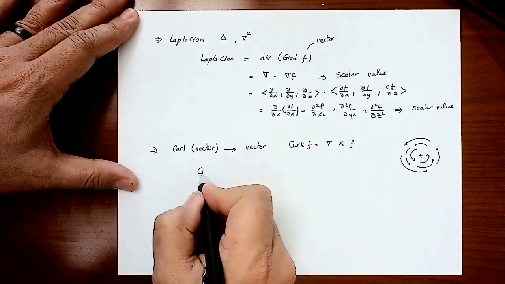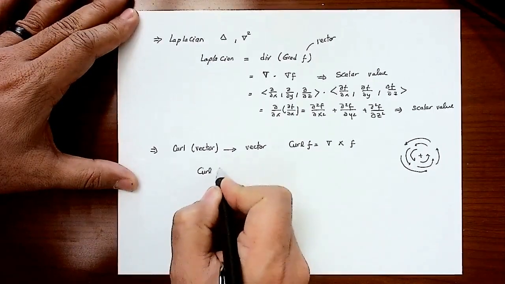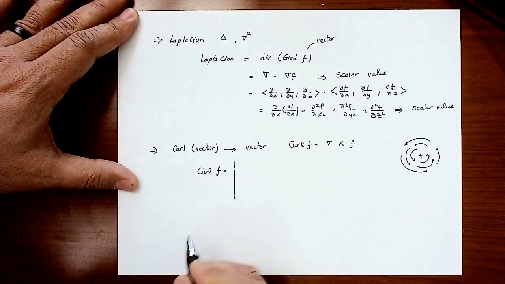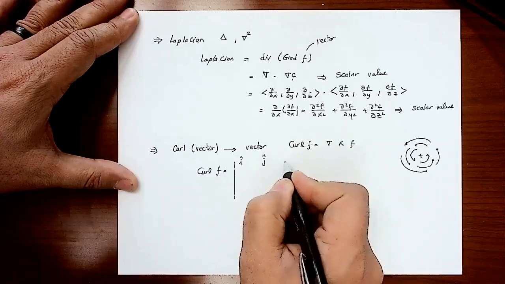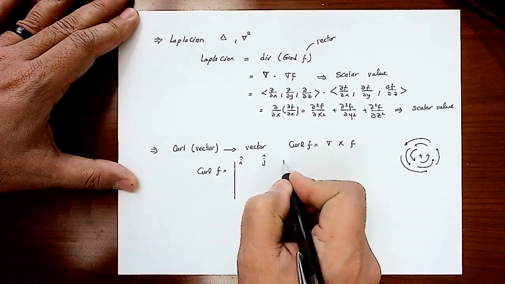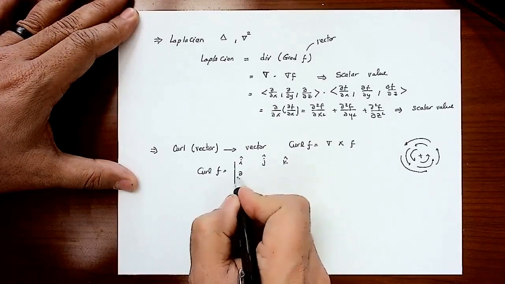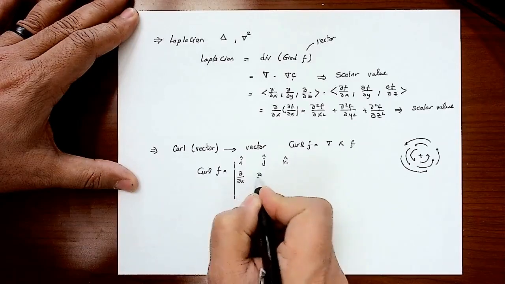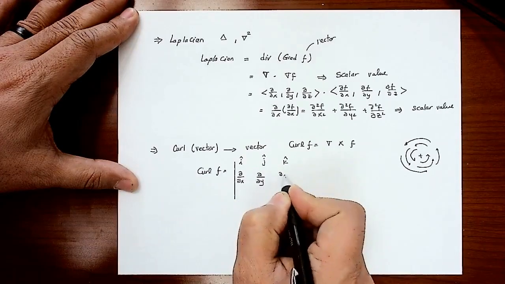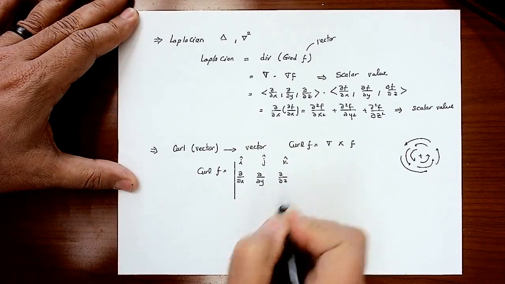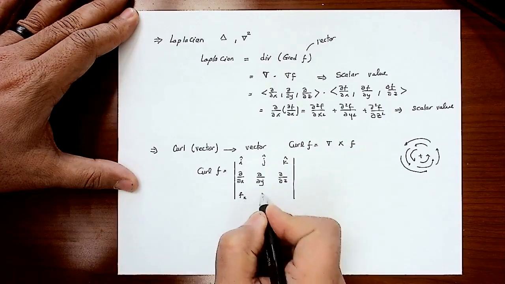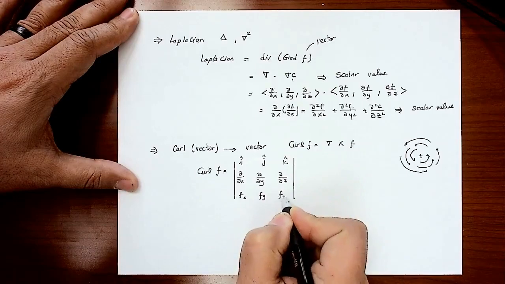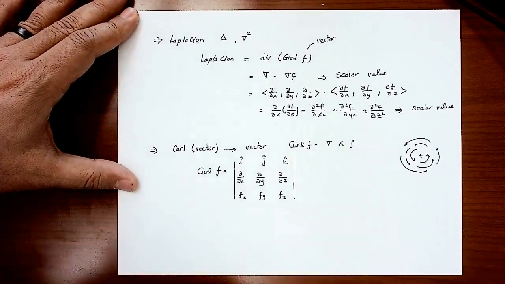So the curl of f can be presented by the cross product, and we know that the cross product can be done in matrix format. It's partial by partial x, partial by partial y, partial by partial z, and then fx, fy, fz. These are the three components of that vector f.